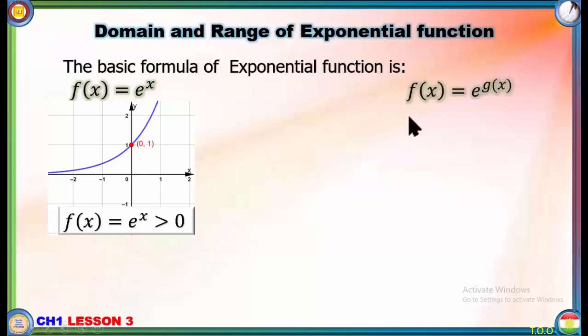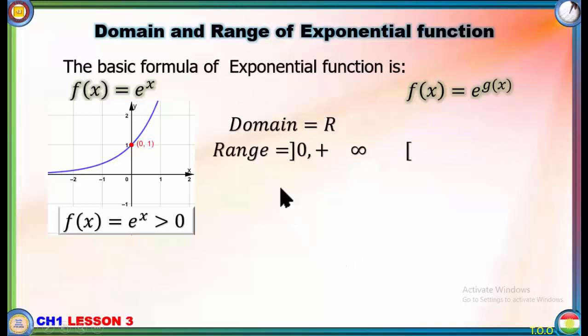And if we have a function f(x) equals e to the power g(x), which means the power is another function, the domain is all real numbers and the range is from 0 to positive infinity.